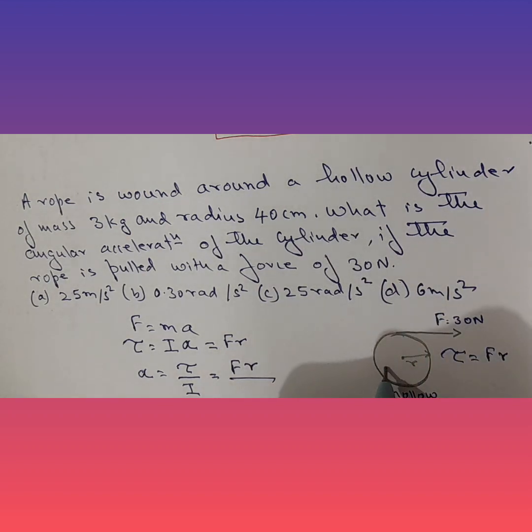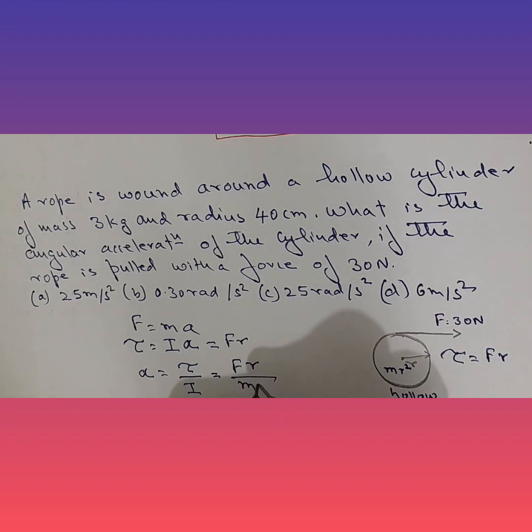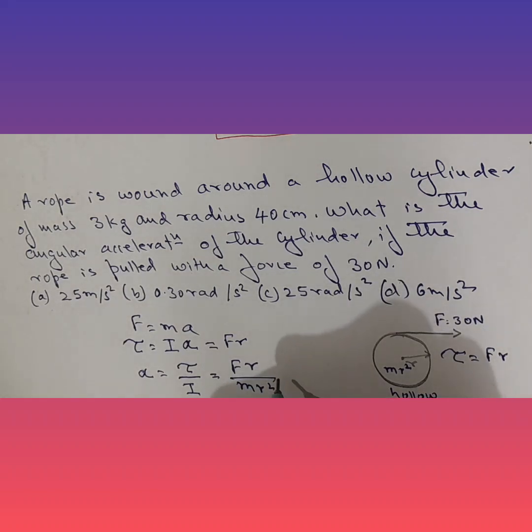So it is m r square. We jot down m r square. One r gets cancelled, so what we are left with is F over m r.